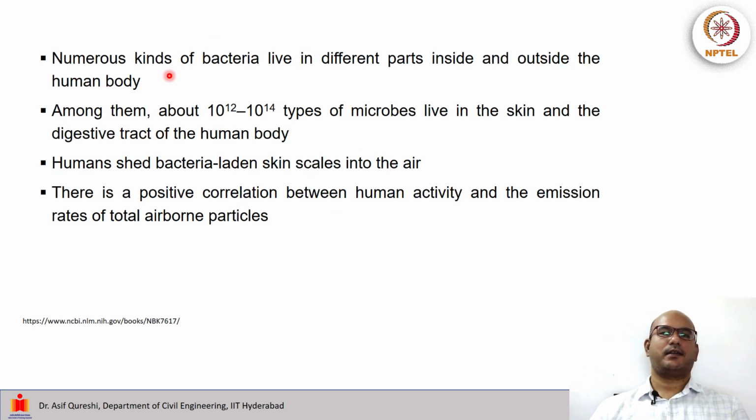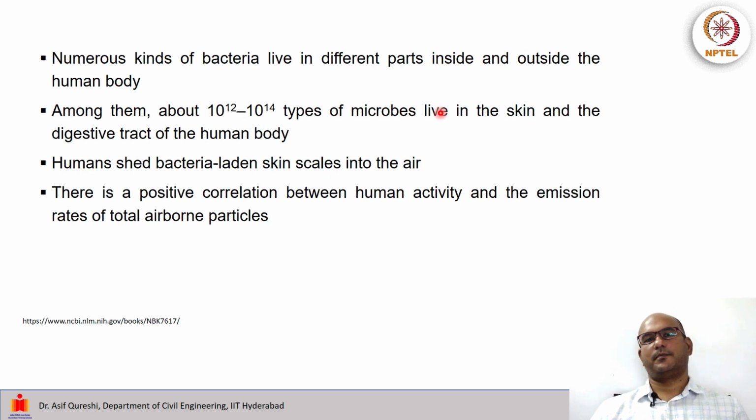Numerous kinds of bacteria live in different parts, inside and outside the human body. About 10 to the power 12 to 14 microbes may be living on the skin and in our digestive tract as well.